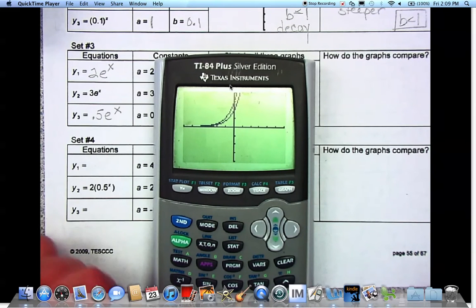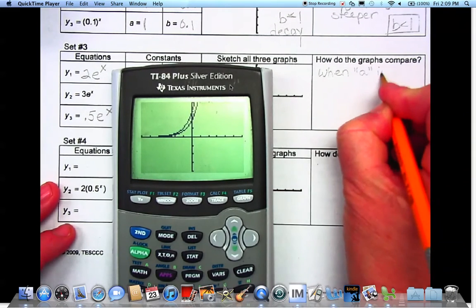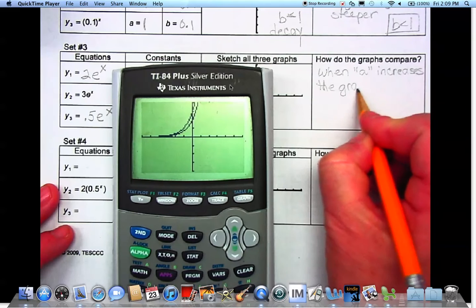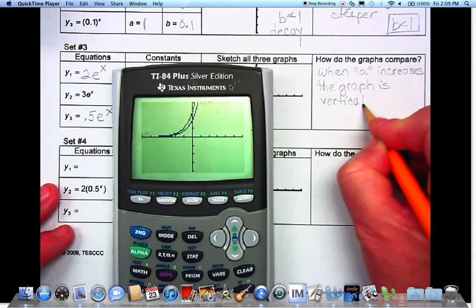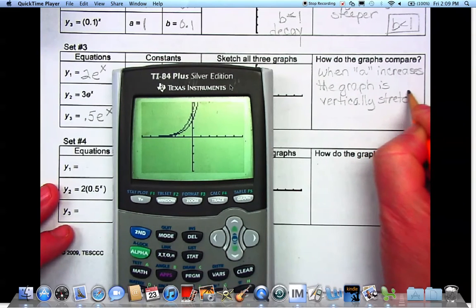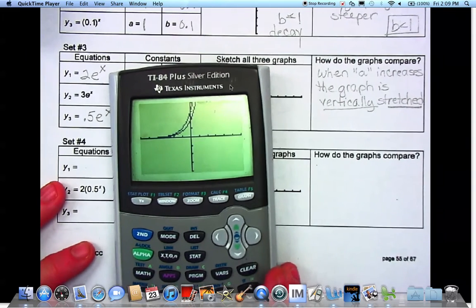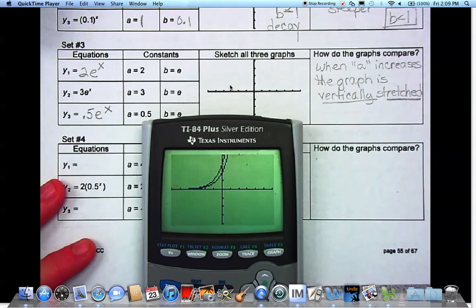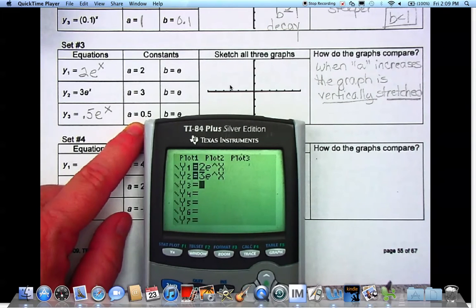Okay. So when A increases, the graph gets steeper, or the graph is, this time we're going to put vertically stretched. When A increases, the graph is vertically stretched. Okay, now that's 0.5. We're going to see what happens when it decreases.